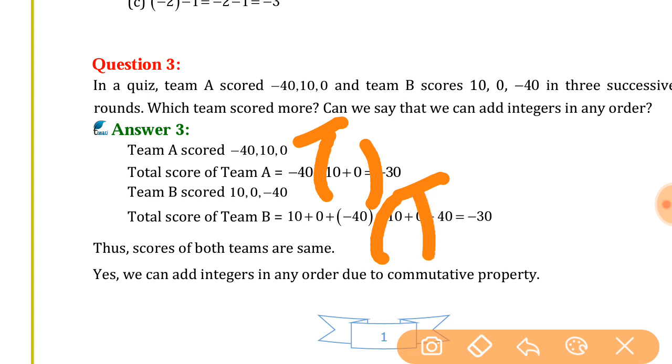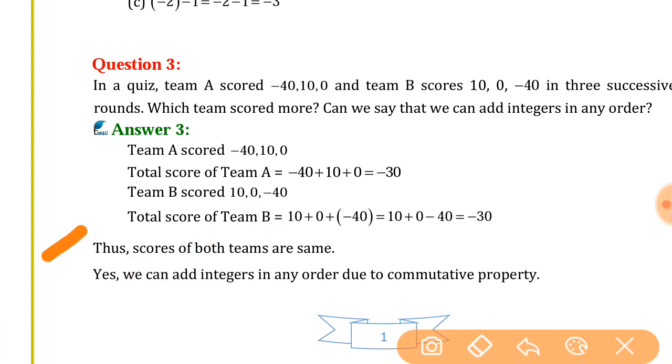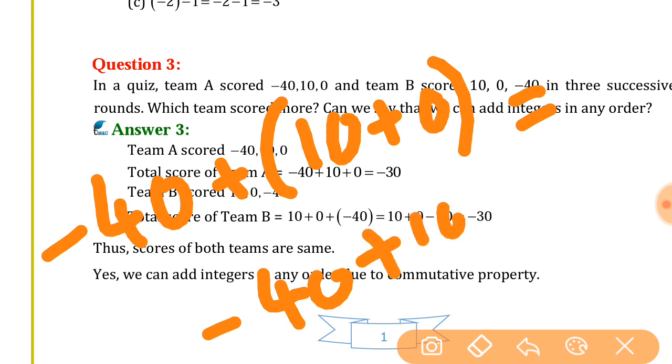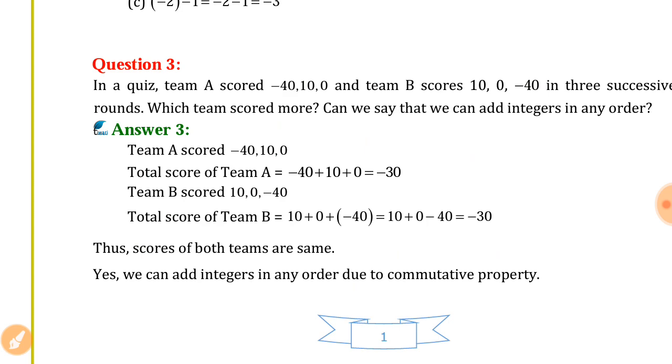So this gives the commutative property: minus 40 plus 10 plus 0 gives the same answer, minus 40 plus 10 as the same answer.